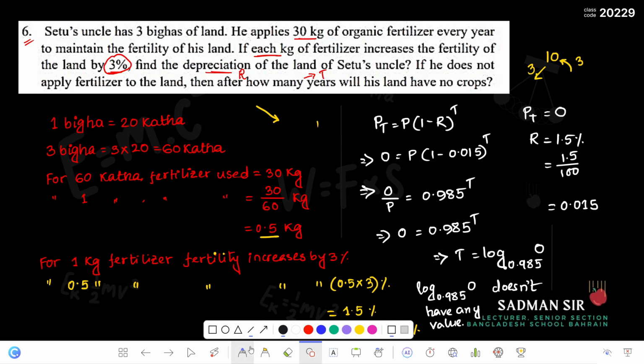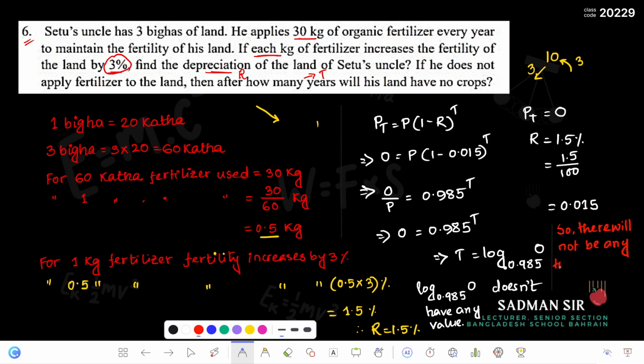If log base 0.985 of 0 does not have any value, that means t also does not have any value. So there will not be any time when there will be no crops. So there is no value of t, there will be no such time.